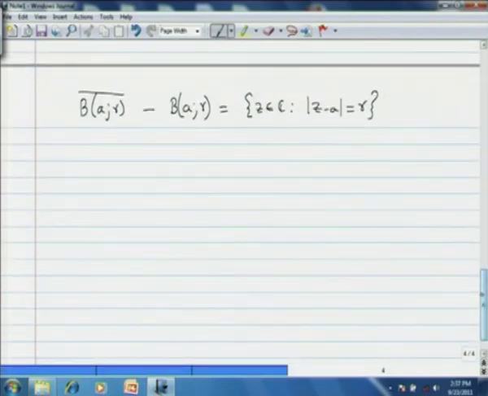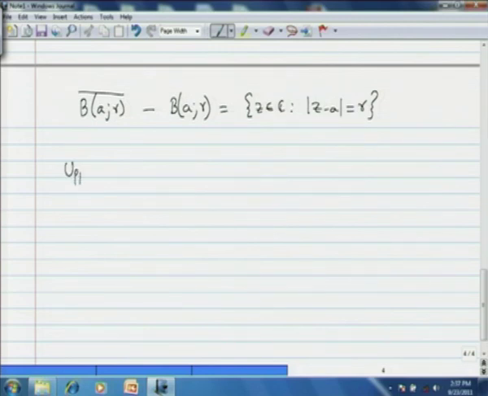Okay, so a comment here. This ball around the complex number A can be defined for any complex number and for any positive radius r. Next, we will see the upper half plane.